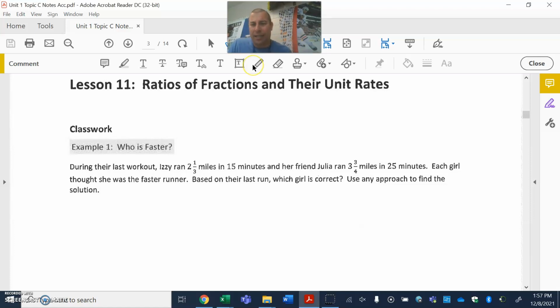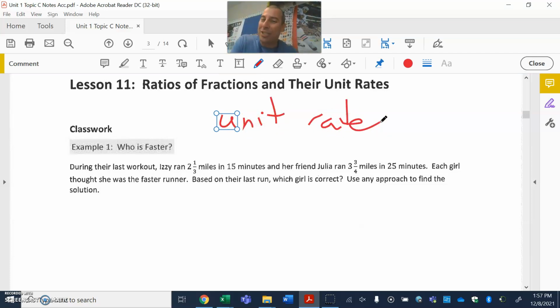During their last workout, Izzy ran 2 1/3 miles in 15 minutes. Her friend Julia ran 3 3/4 miles in 25 minutes. Each girl thought she was the faster runner. Based on the last run, who's correct? Remember, if we want to compare things, if we find the unit rates, we'll know how much it is for one, and we can see who's faster.